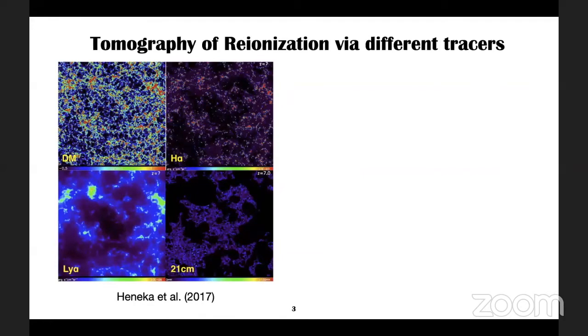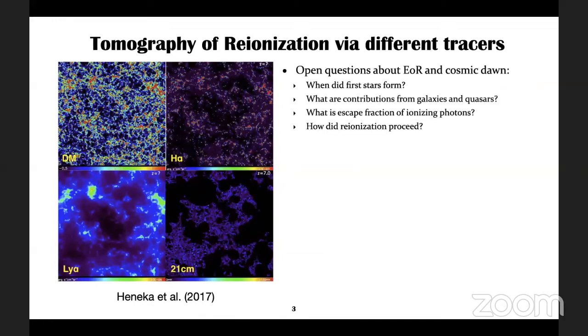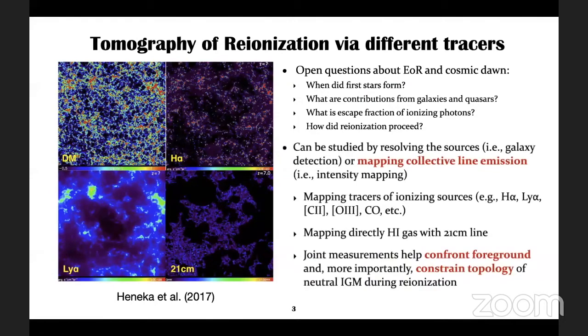As we know, there are still a lot of open questions about the EoR and the cosmic dawn, and this is why we gather here today. The answers to these questions can be studied either by resolving the sources, namely trying to detect individual galaxies and quasars, or by mapping the collective line emission, as people do with the line intensity mapping technique.